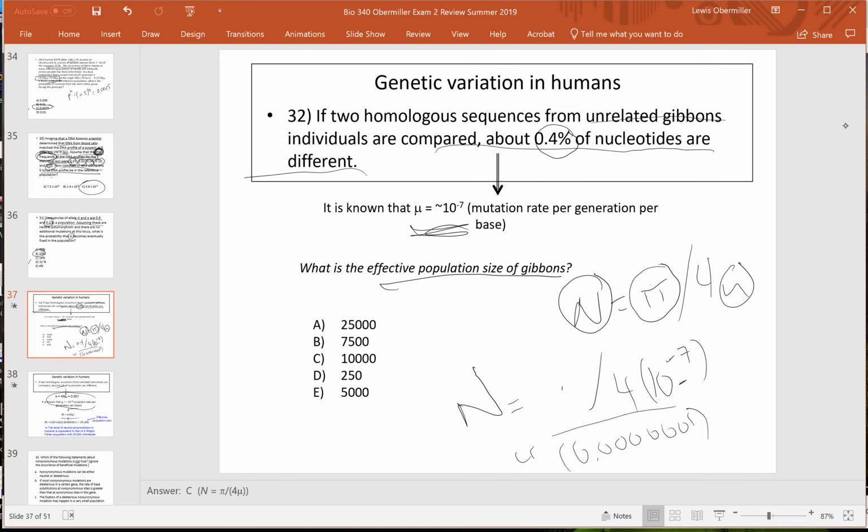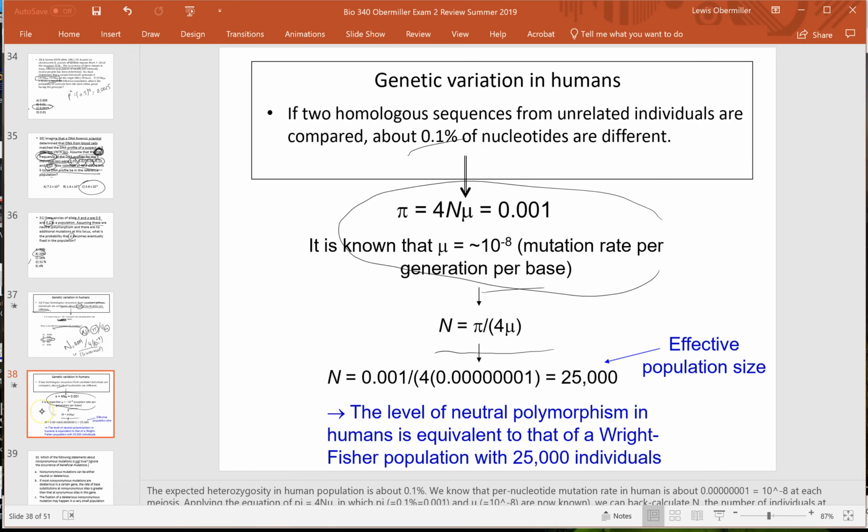Let me change this. That's 0.004. All right, let me redo the math. So we have 0.004 divided by 0.000004 equals C, 10,000. Okay, my bad, sorry about that.